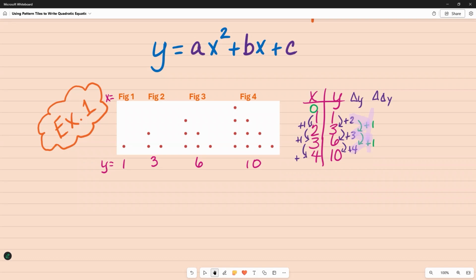So now I want to work backwards, and I want to say, well, what is 2 minus 1 so that I can get this number, and that's going to be 1. So now I want to know what would the output be for y when x is 0. So typically you can go over here and look at it visually and try to figure it out. I'm going to show you that in example 2. 2 minus 1 is where this 1 is coming from.